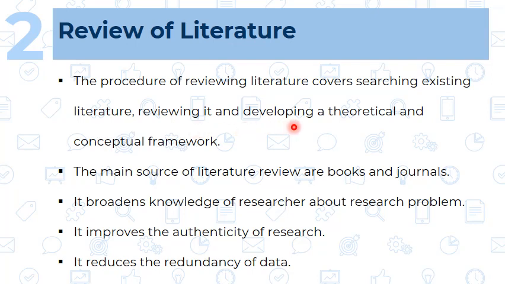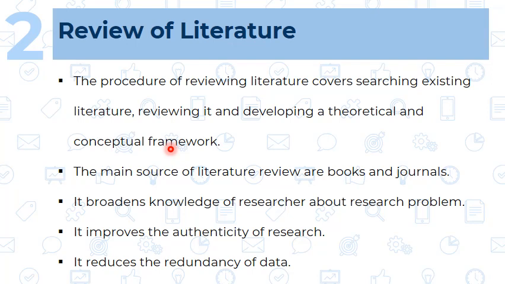And one more important thing is that it reduces the redundancy of the data, in simple words duplicacy or repetition. Suppose the research problem we have selected is already solved in earlier literature; there is no meaning in carrying forward the same research.